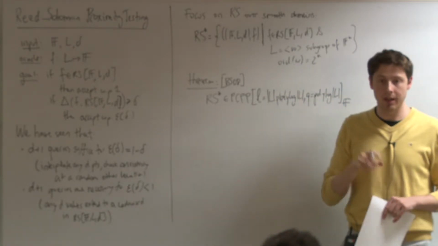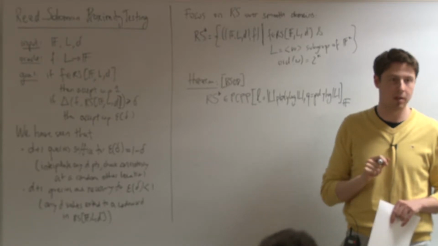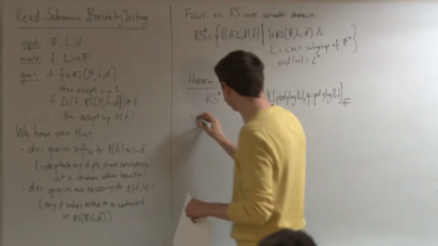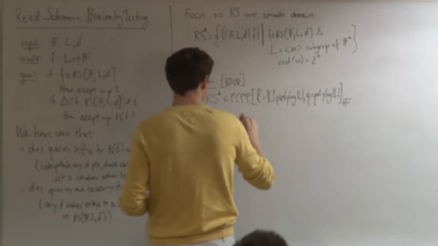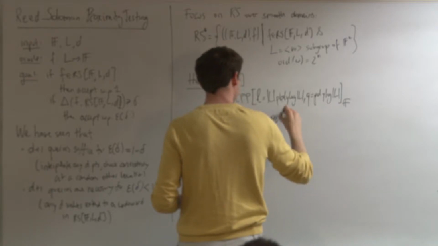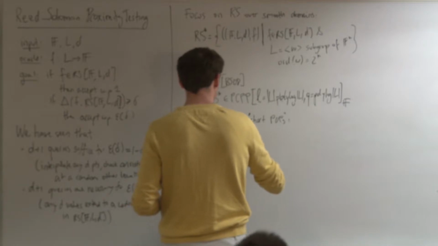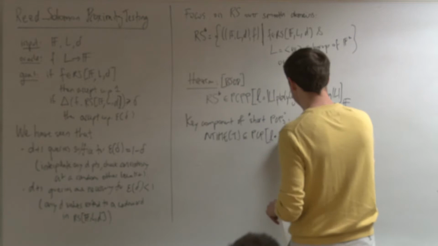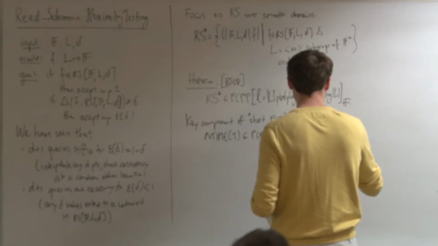This is actually a key component of a result that I only stated before, a key component of so-called short PCPs, that basically say that NTIME of t is contained in PCP, where L is t polylog t, and Q is, say, polylog t.